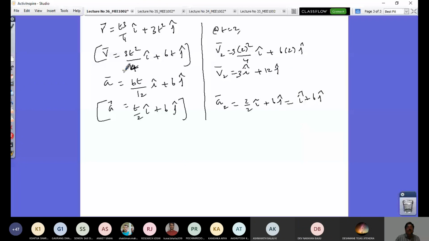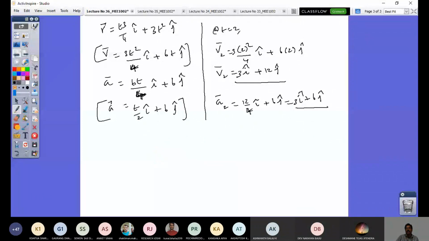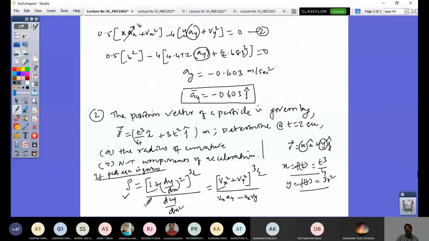If I differentiate again, it is 6t by 4, and this is 6. So when I put t equals 2, that is 12 by 4, so 12 by 4 i plus 6 j. That's going to be 3i plus 6j. So my acceleration vector is this and my velocity vector is this. Now I can find my rho. There are different ways of doing it. I can substitute in the formula I have written here, since I know Vx, Vy, Ax and Ay.